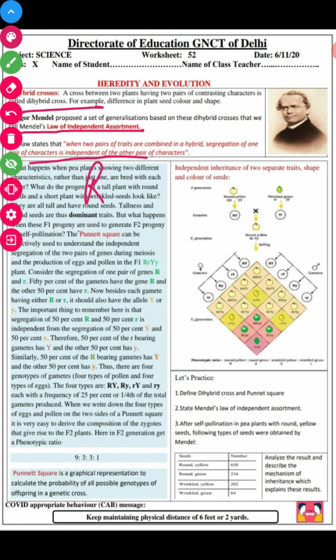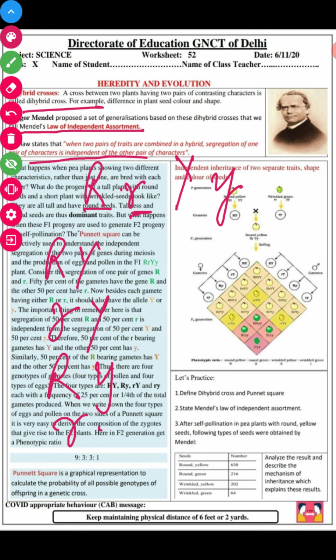If we take capital R for round and small r for wrinkled, capital Y for yellow and small y for green, and we make the dihybrid cross between these two, then the possible combinations may be round yellow, wrinkled yellow, round green, and wrinkled green.